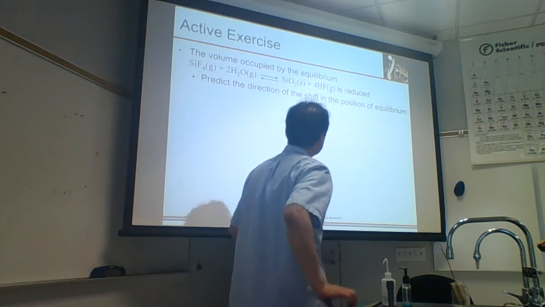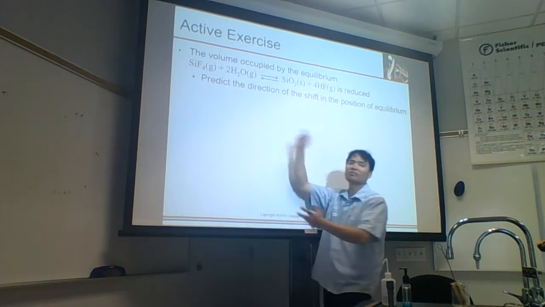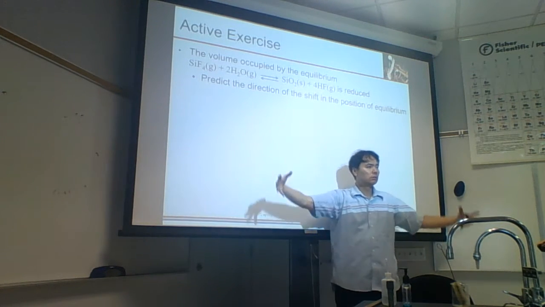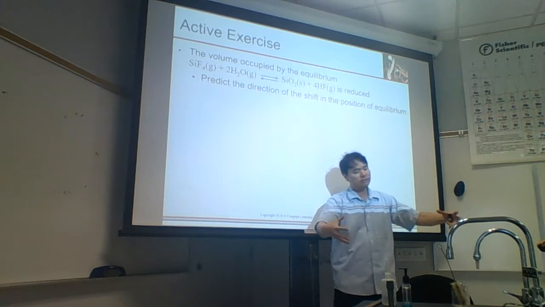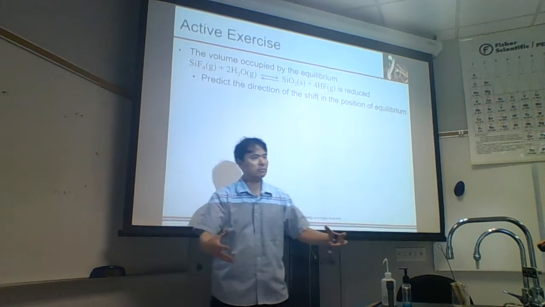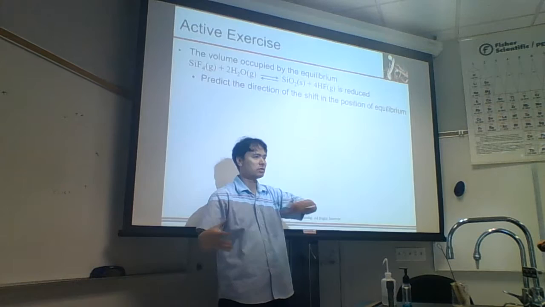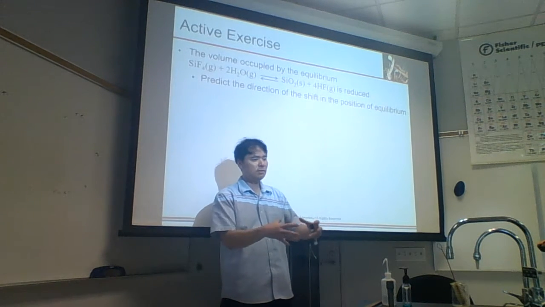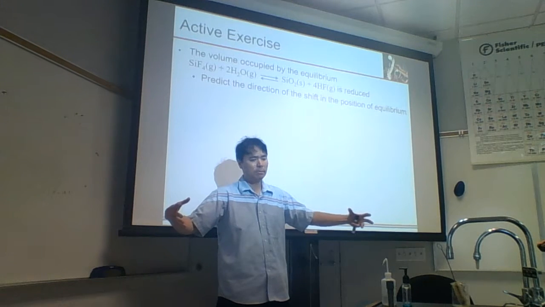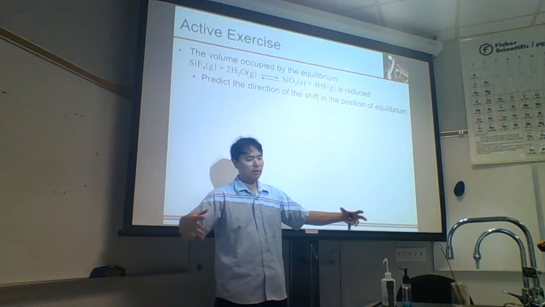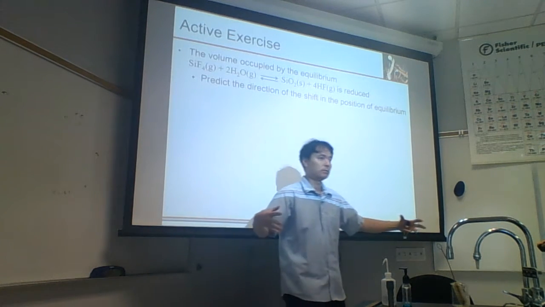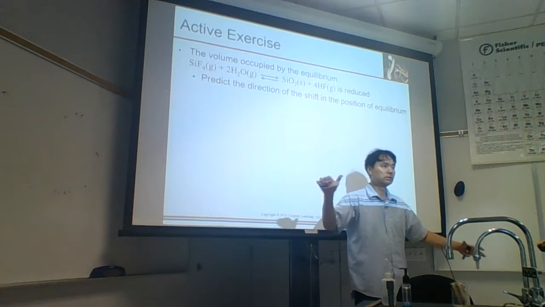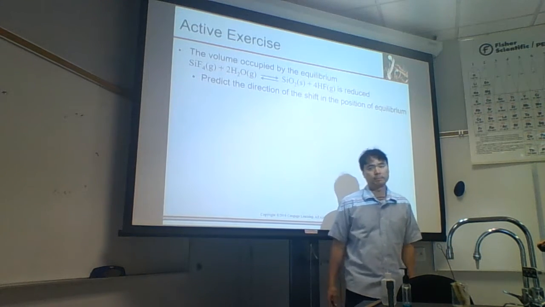So the reverse reaction is going to take place to make the volume smaller. The 75 liter side takes up less volume, so it's going to shift to the left. What happens if I expand the volume? If I expand the volume, then that's going to favor the 100 liter side, and so it's going to shift to the right.